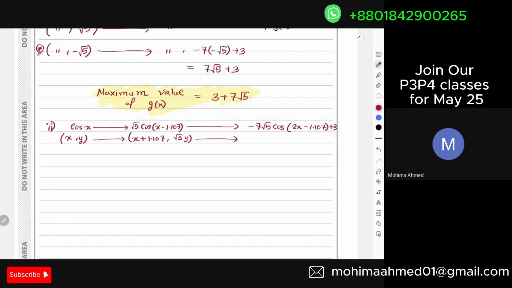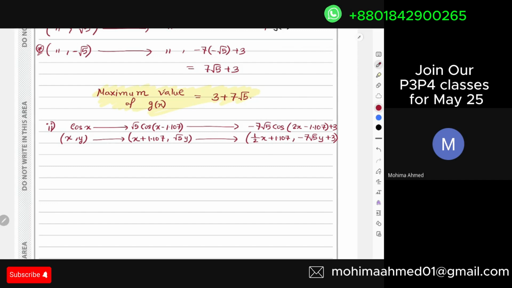Further, when I translate this as minus 7 root 5 cos 2x minus 1.107 plus 3, over here your x coordinate was multiplied to half x plus 1.107, and your y coordinate was, as we previously calculated, minus 7 root 5 y plus 3, right? This is how the coordinates are going to be. This is the y coordinate and x coordinate, because they got translated.